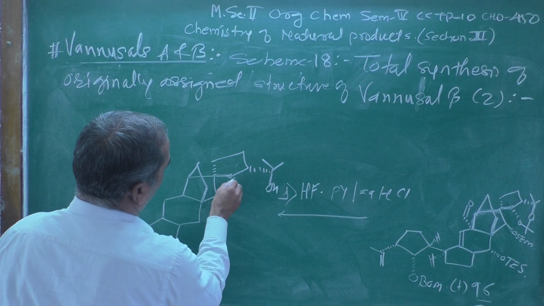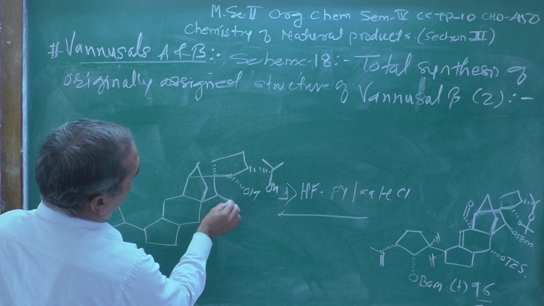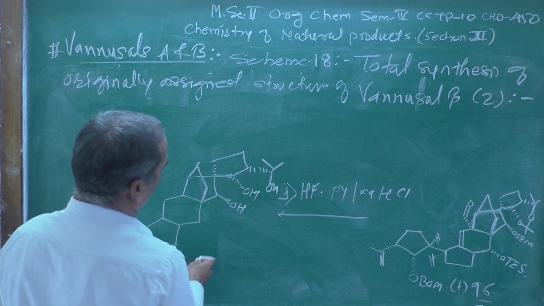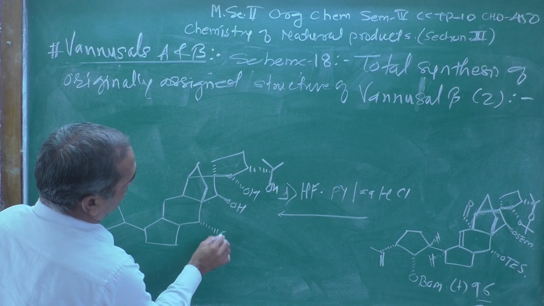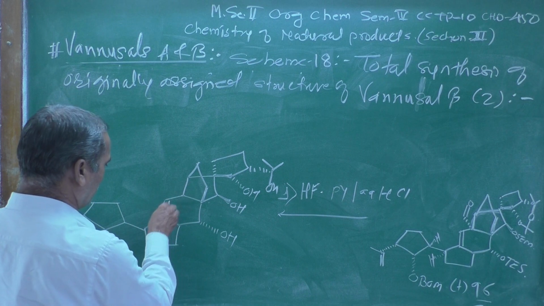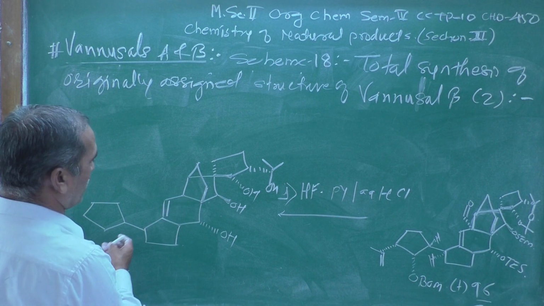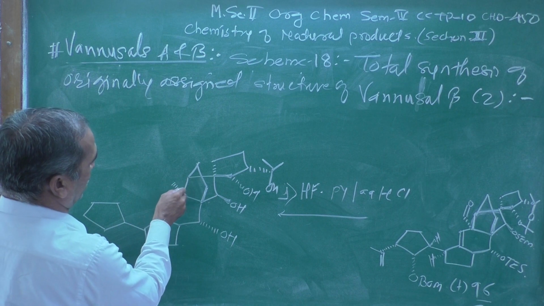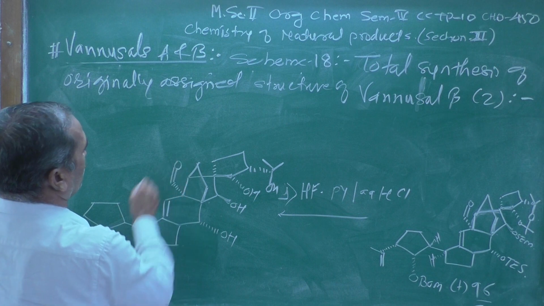This hydroxyl group must be above the plane, and the 6-membered ring at C28, that hydroxyl group must be below the plane, and this 6-membered ring contains a carbon-carbon double bond, and here having one aldehyde group at this position.